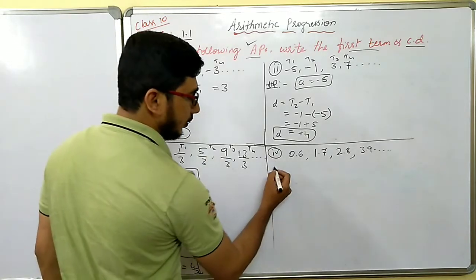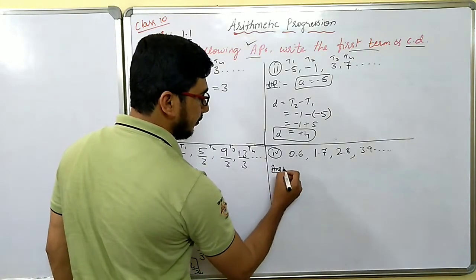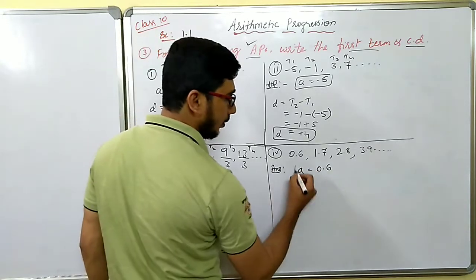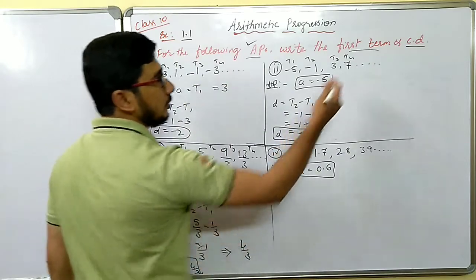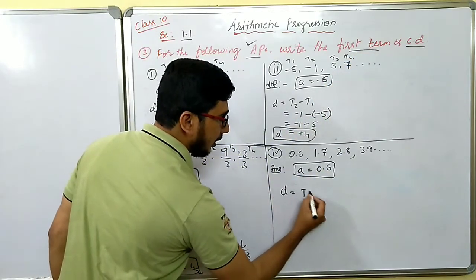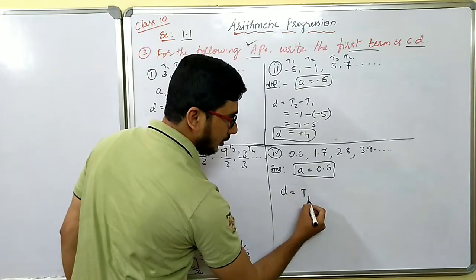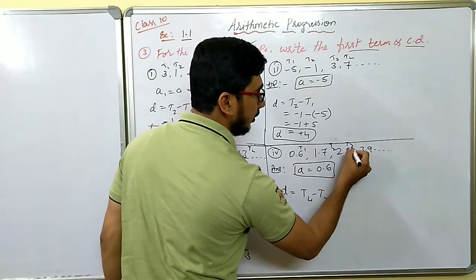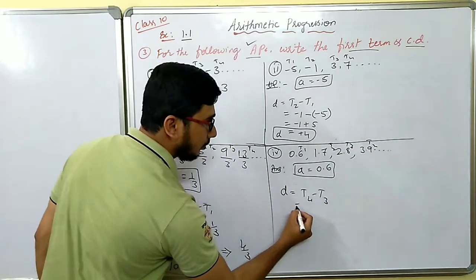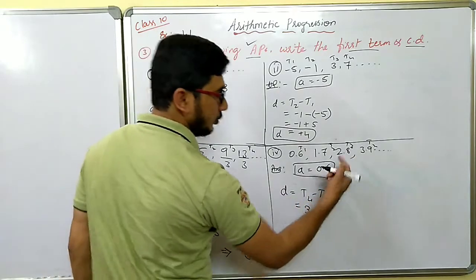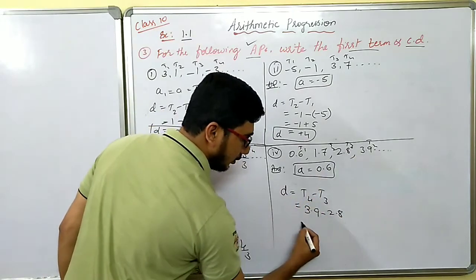Okay, let us go for this one. a is equal to 0.6. That is the first term, or else a1, a, all are same. So for the difference, I'll take some other number now: t4 minus t3. t4 is 3.9 minus t3 is 2.8.